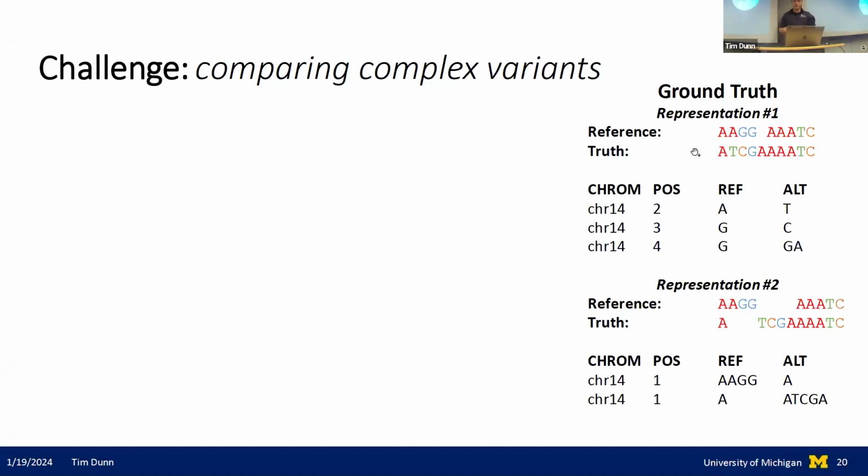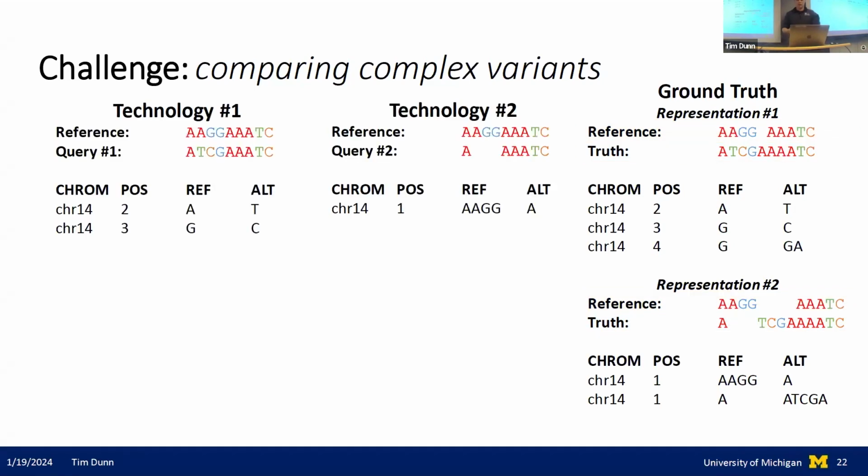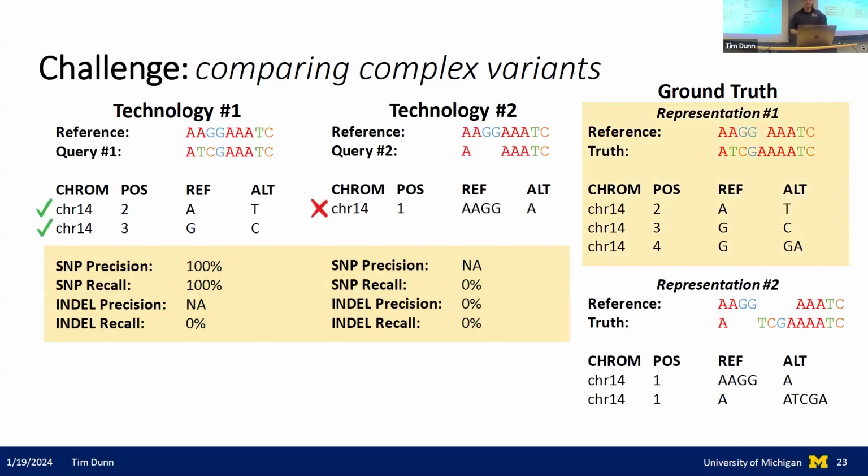Again, the actual sequences are the exact same, both the reference sequence and the truth. However, it's just the variant representation that has changed. And now when you shift towards evaluating two different technologies that have different sets of variant calls, the representation that you chose for your ground truth will end up affecting what decisions you make in comparing the technologies.